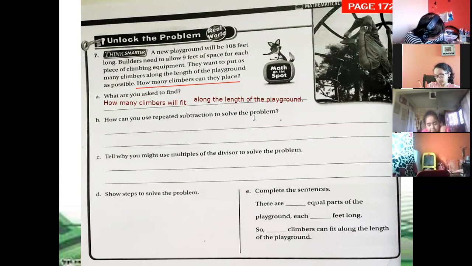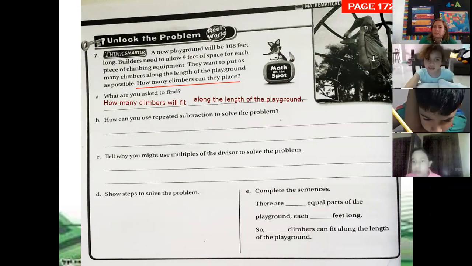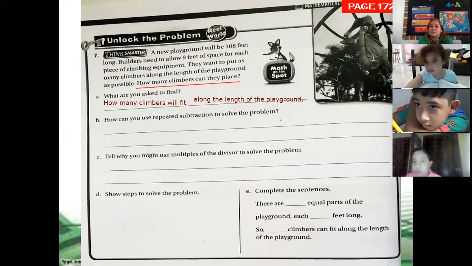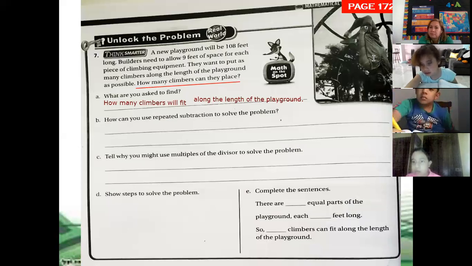In the problem it says a new playground will be 108 feet and need to allow 9 feet. So what would be the subtraction? It will be 108 minus 9.